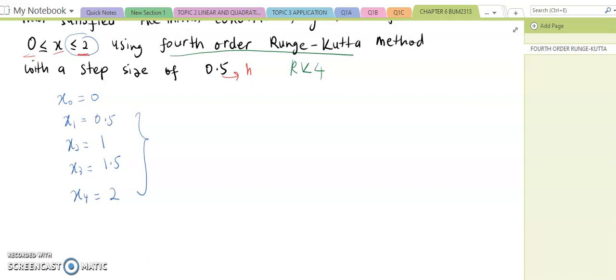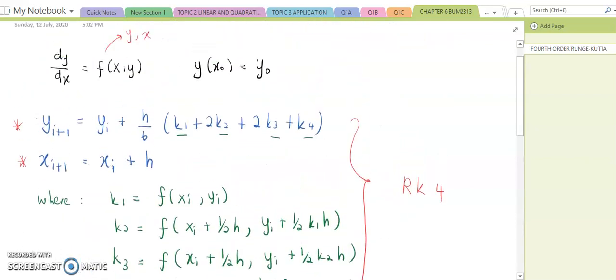So for y values, we also need to have 4 y values, so we must do 4 iterations to find them. And besides, this x value here I got from the formula xi plus 1 equals xi plus h.